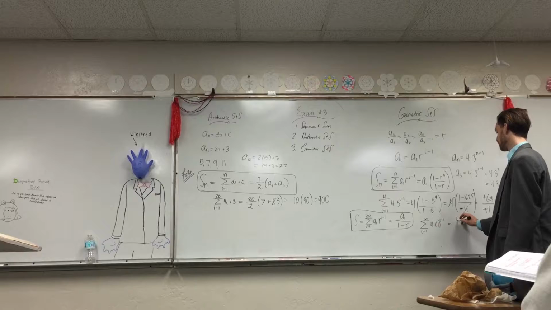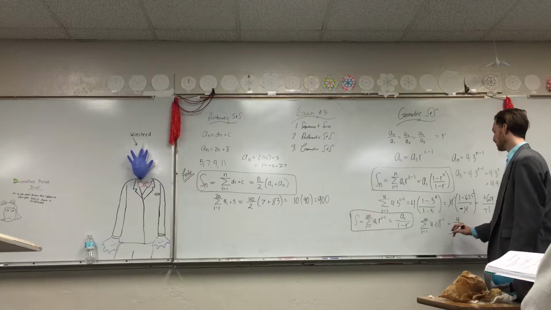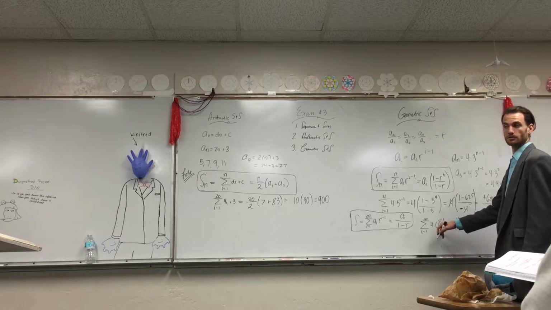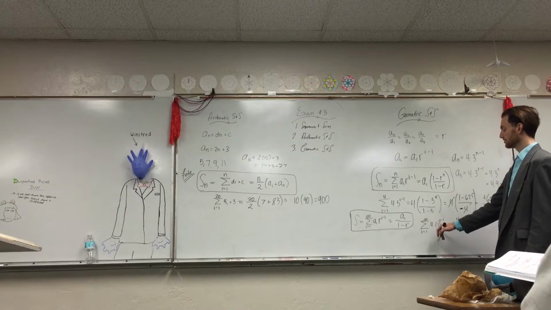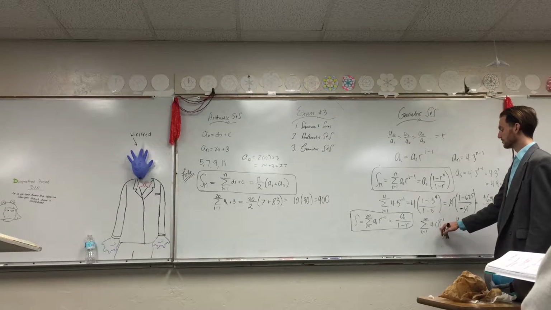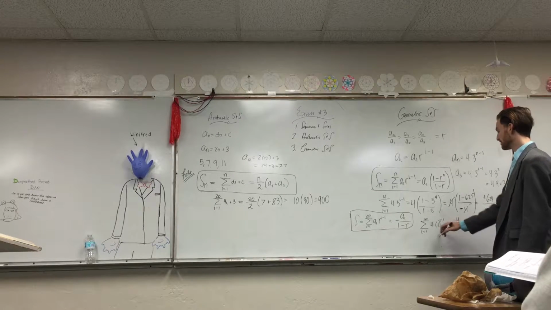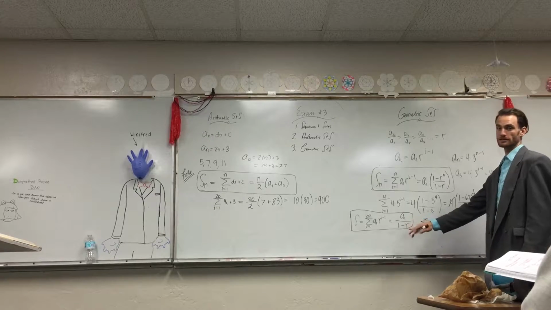So my first term is 4. a1 is 4. 1 minus r is what? What's r? r is 0.1. It's got to be 0.1 because if r was 1, I couldn't do this.